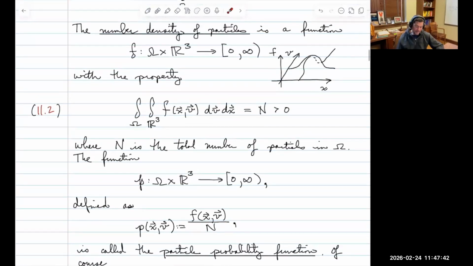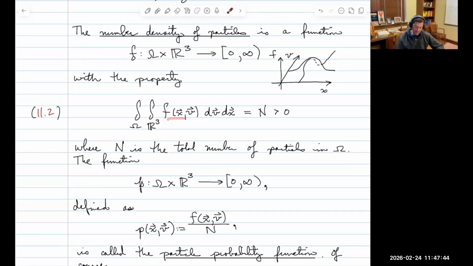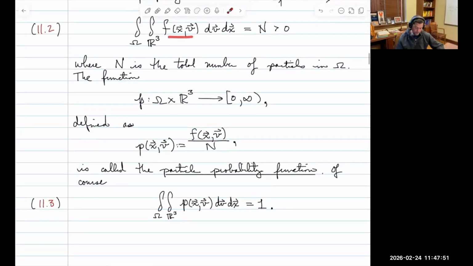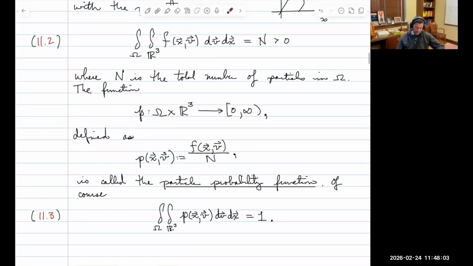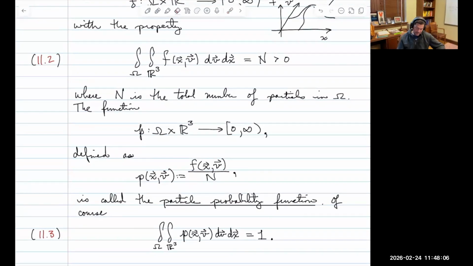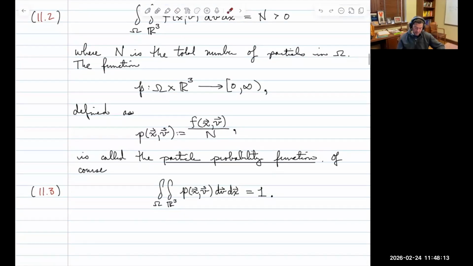And of course, if F has this normalization, if I divide both sides by N, then this function is going to integrate to 1. Well, it's a probability density, right? And what does that probability density represent? Well, the total probability that the particle is in some state has to be equal to 1.